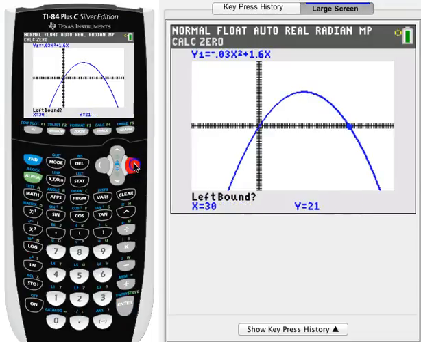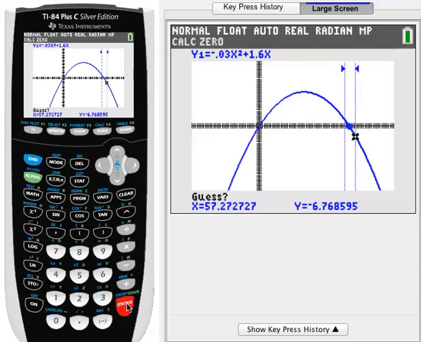So I'm going to scroll over. It's asking me to be left of my point. So here I'm left of my point. Then I'm going to be to the right of my point. Then here, this is the 0 of my function, okay? So there is my solution. When will it be back on the ground?